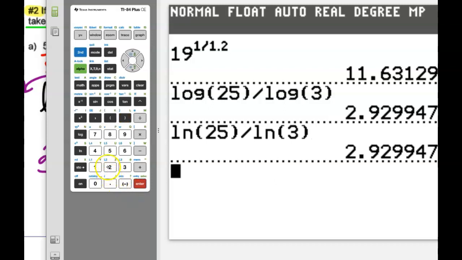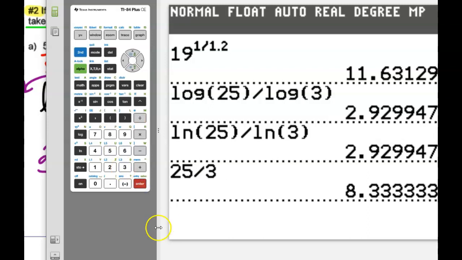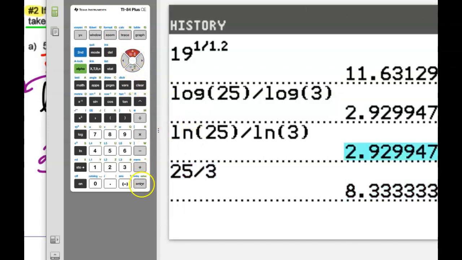Now, can I just get rid of those and do 25 divided by 3? No. The log is a function. It's like you're squaring the top and bottom or square rooting the top and the bottom. You're taking the log of the top and the bottom here. You cannot just simply forget that step. But this was not the answer. What did we still have to do?